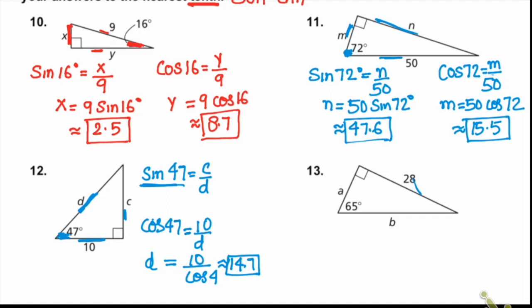When I cross multiply here, c is d times sine 47. Don't round it, just use the same answer from the previous step and multiply by sine 47. When you get your answer, it's 10.7 when rounded to the nearest tenth.